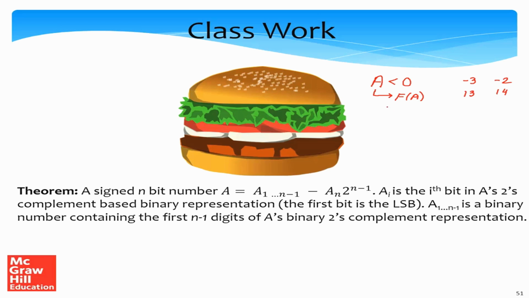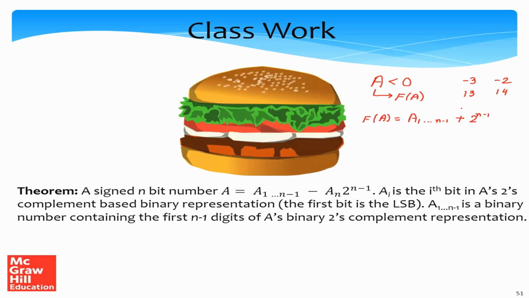So what we can say is that this number f of A is essentially equal to the number formed by considering the first n minus 1 bits of the 2's complement representation of A, plus 2 to the power n minus 1.